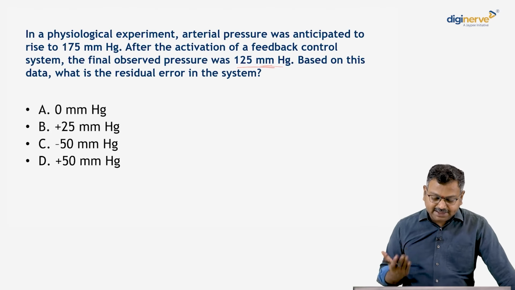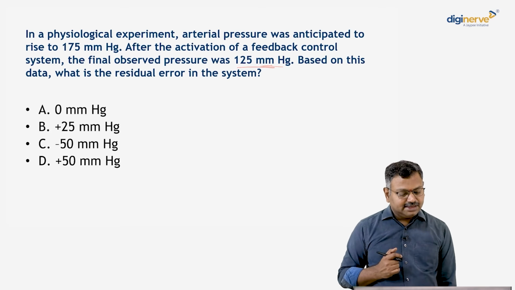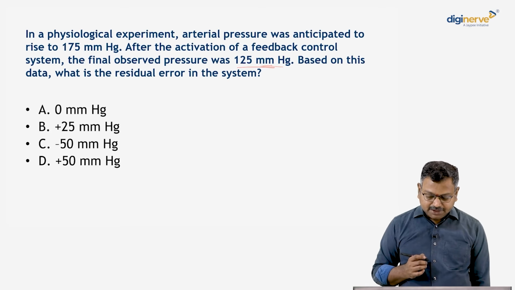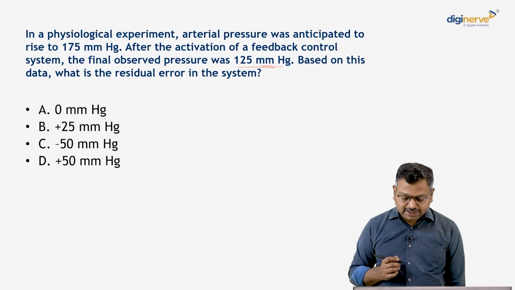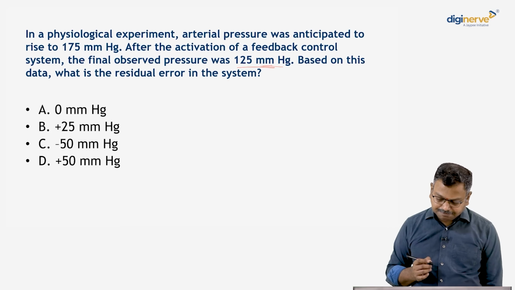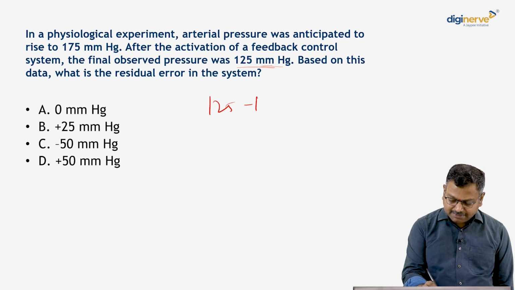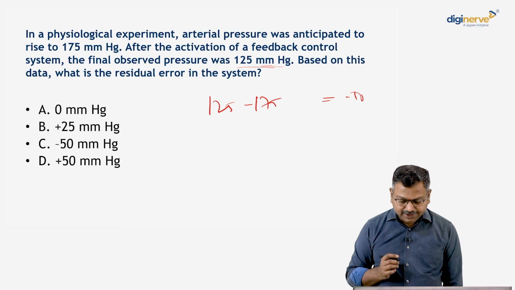What was expected is 175, and what was obtained is 125. Option A is correction applied: actual rise minus anticipated rise. So actual rise 125 minus anticipated rise 175 is -50.